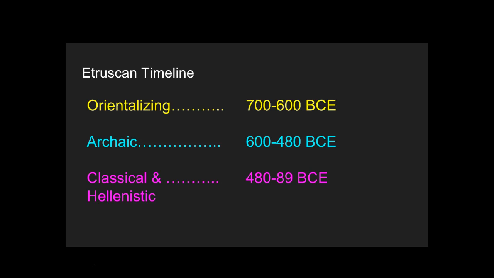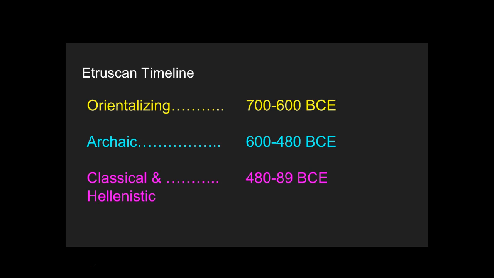So if you look at the time ranges, they don't run specifically parallel to the Greeks, but it's fairly close. So the Orientalizing period emerged as pretty much a distinct artistic culture about 900 to 700 BCE.